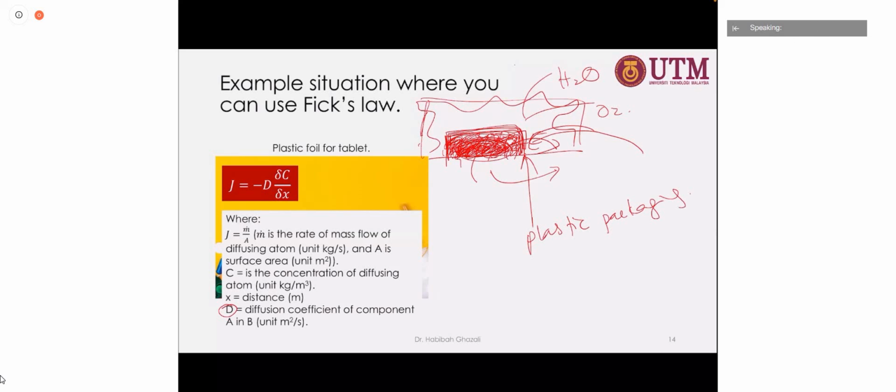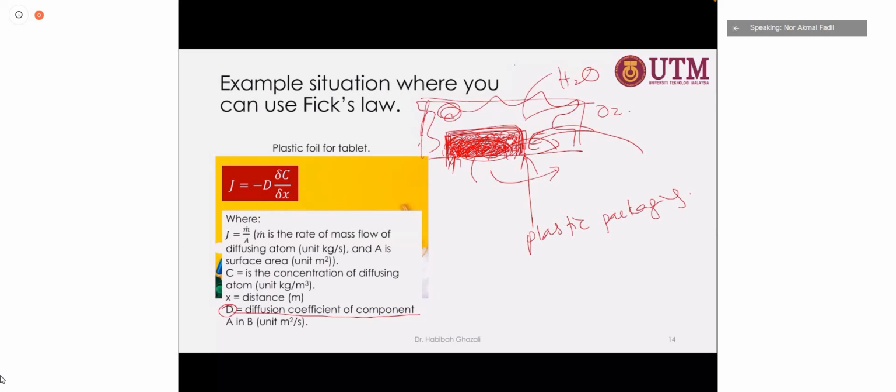Depending on the material of the packaging, you can get values from the database. Then for the concentration, you need to know whether it is the concentration from outside or from inside. And then the distance can be measured.